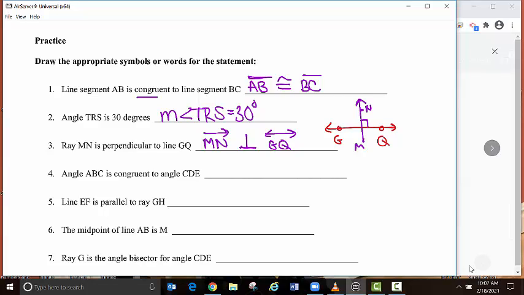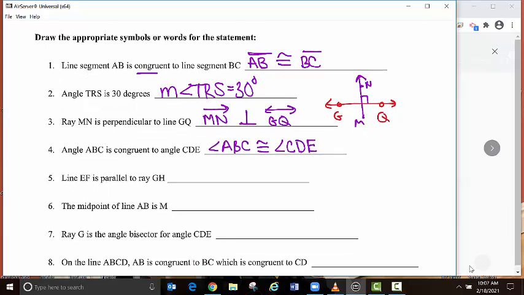Now it says angle ABC is congruent to angle CDE. They are exactly the same.